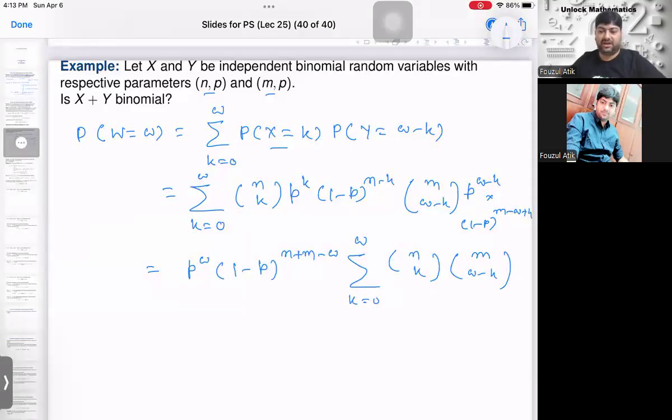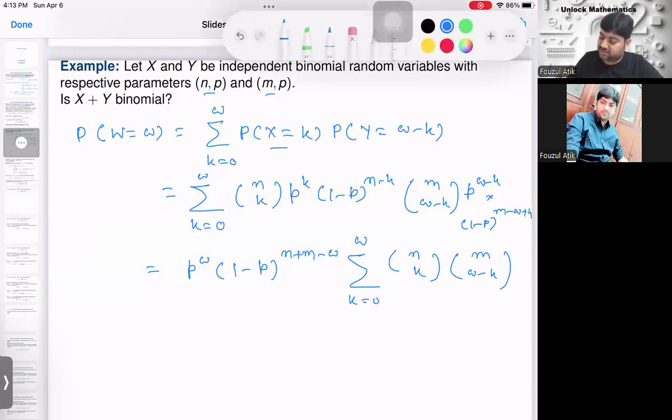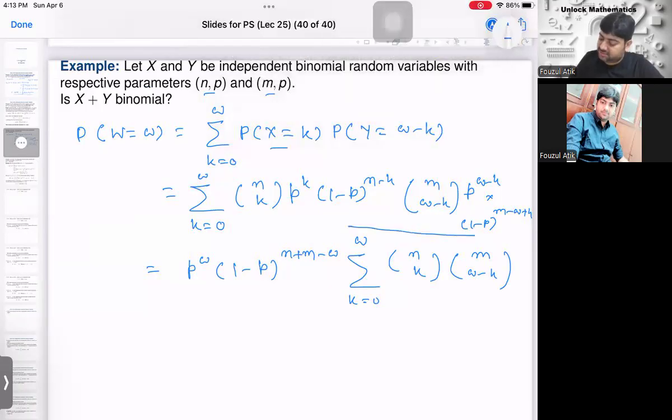Now we know that this summation is actually an identity. We call it the Vandermonde identity. It has a particular value. What is that? The value of this identity is actually (n plus m)Cw.